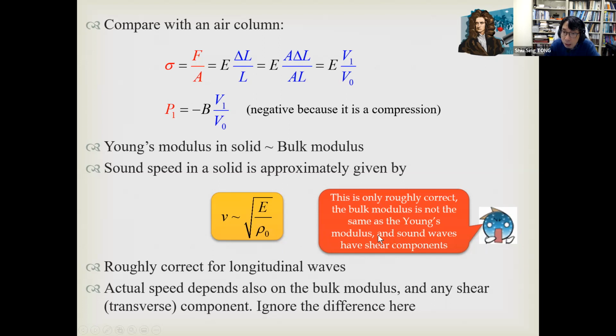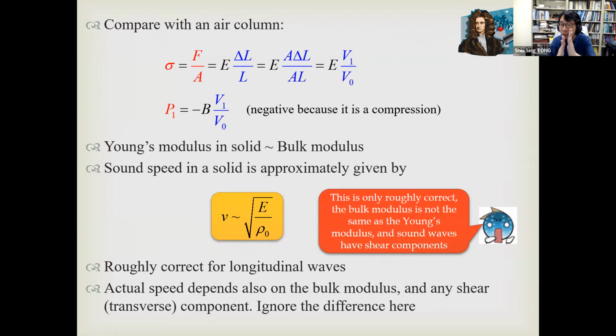And also, when we are discussing this formula, we refer to the longitudinal sound wave, the compression and the rarefaction, right? We draw an analogy between the longitudinal sound wave in gas and the longitudinal compression and rarefaction in a solid. So what we refer to is a longitudinal wave. But sound waves do have a transverse component.